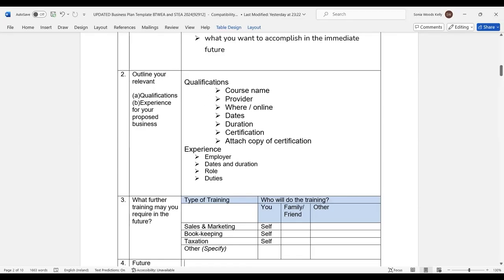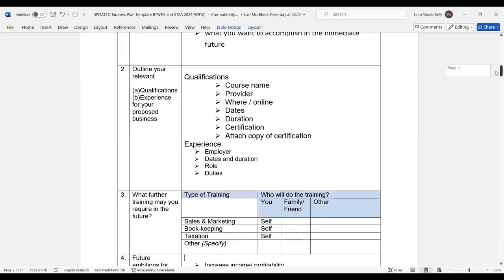So as regards the qualifications, for each qualification you may have, provide information on the course name, the provider, where the course took place, the location or whether it was online, the dates, the duration, and the certification achieved. And attach a copy of the certification when submitting the business proposal.